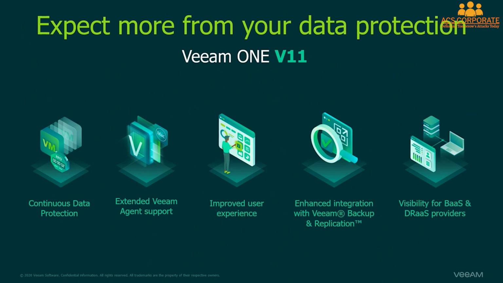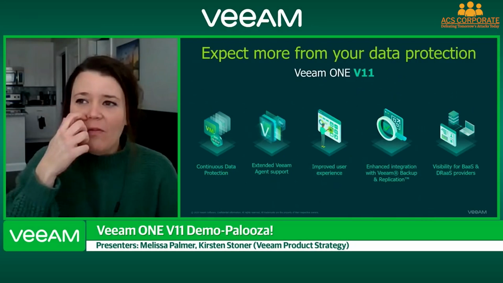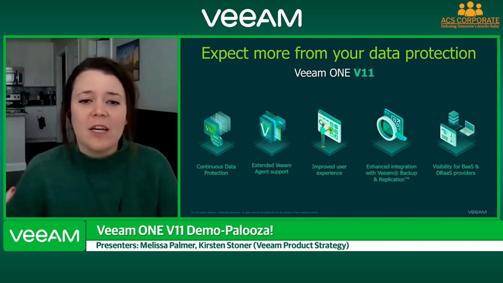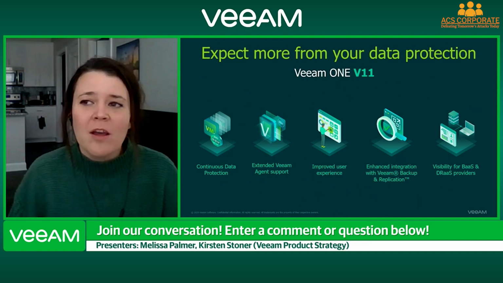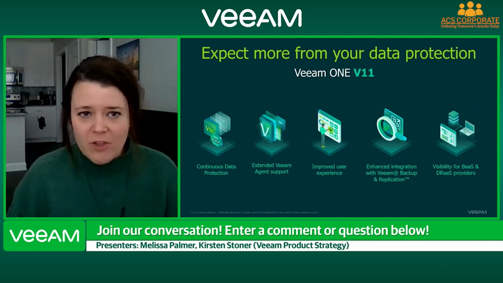Kirsten, what are some of your favorites on this slide? What are some of the things that you think are your favorites when it comes to Veeam One version 11? I think it's hard to always choose my favorites, but I would say that the Veeam One visibility within the data protection infrastructure is probably one of the best benefits of Veeam One, because you're going to be able to monitor your backup jobs.